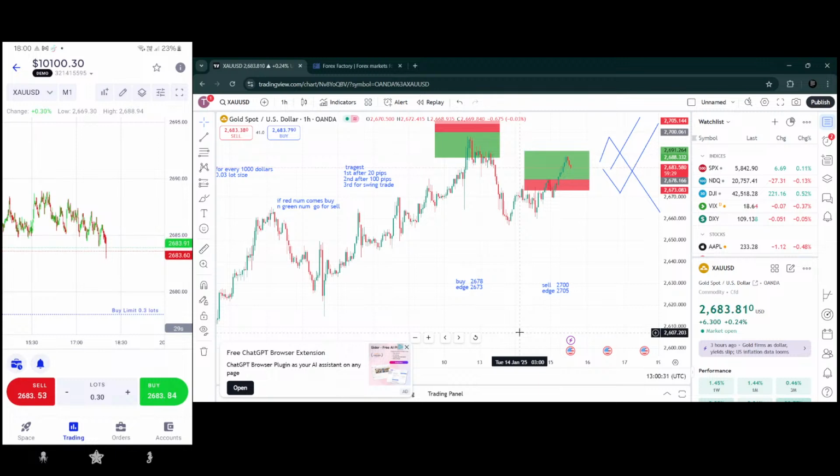So you also have to be fast. As you can see on mobile, the market is going down, but we'll see what happens.